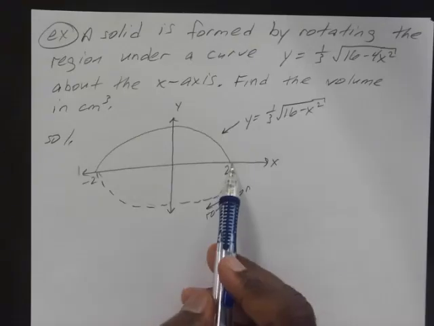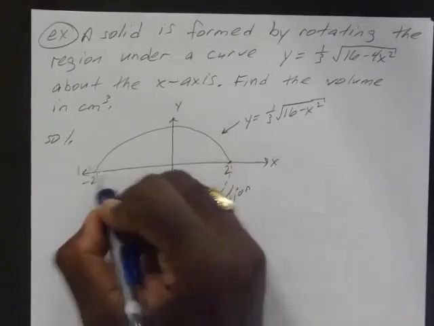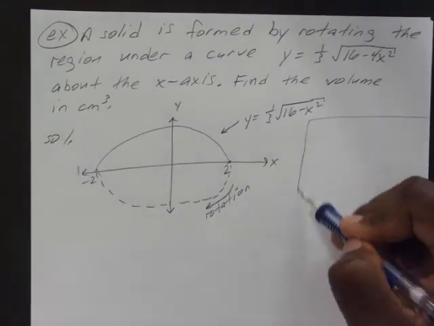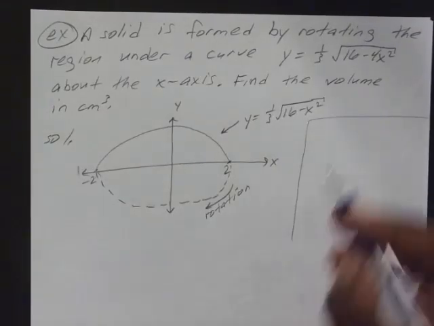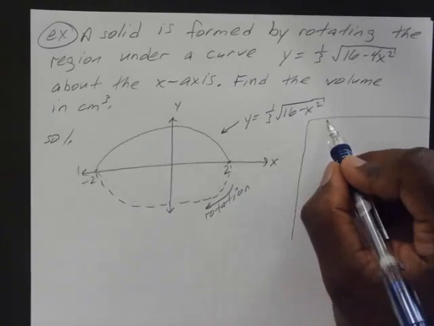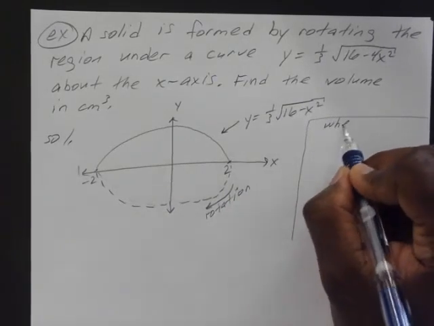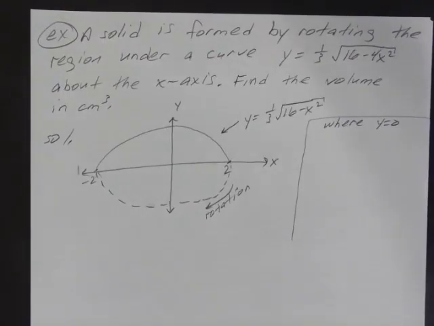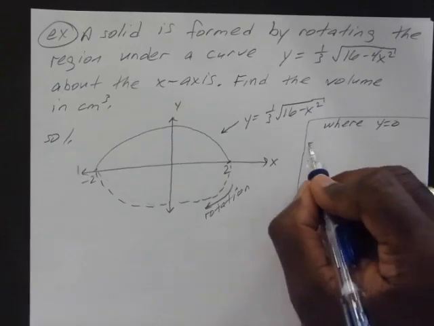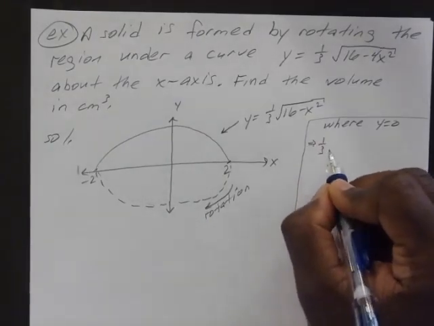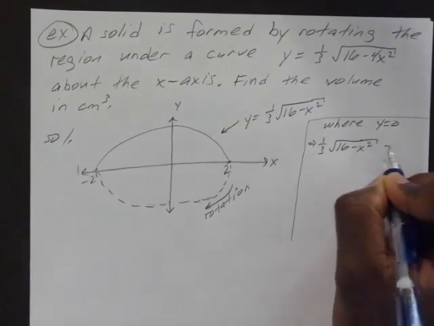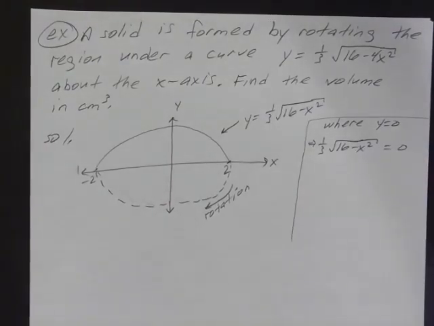Now, the reason we knew that these points were at 2 and -2, if you didn't graph it, is that's where y is equal to 0. So that means where 1/3 square root of 16 minus 4x squared is equal to 0.